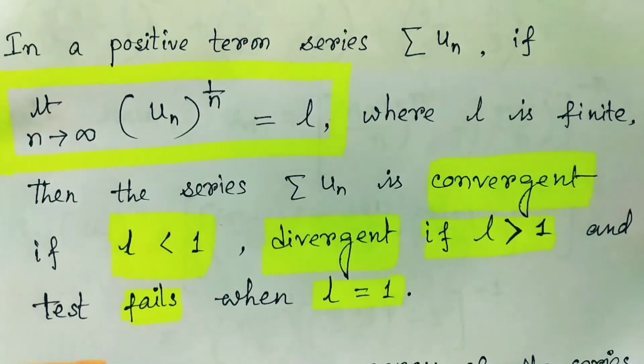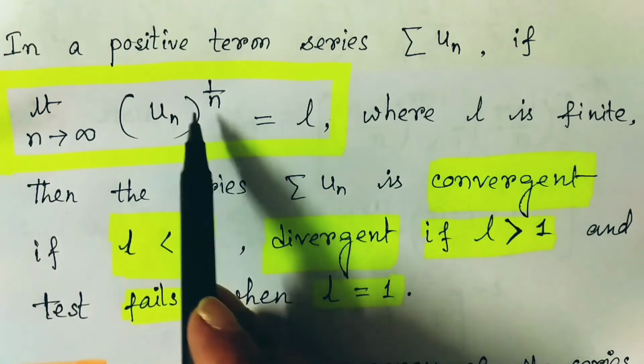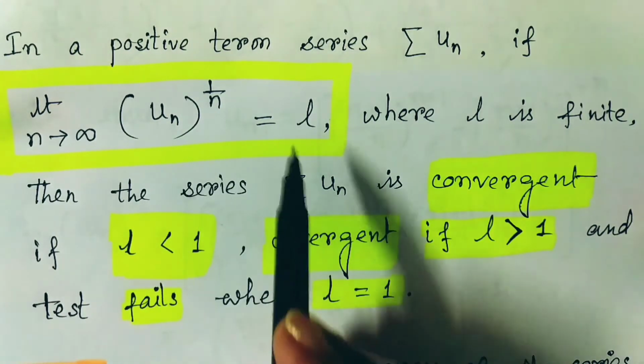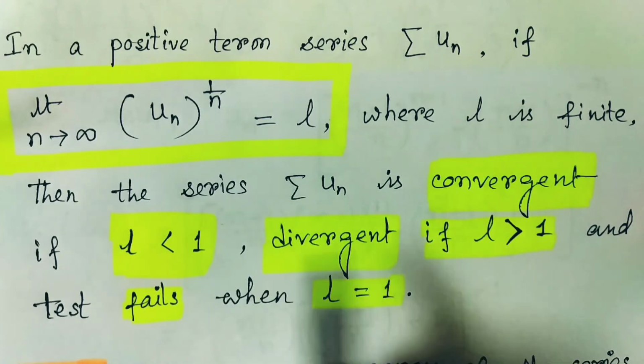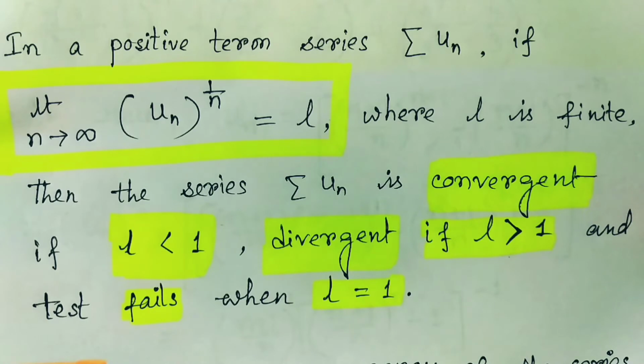So just like the previous statements, here also if this limit, where un is to the whole power of 1 by n, has limiting value L less than 1, then convergent, and greater than 1, then it is divergent, and again the test fails when L is equal to 1.